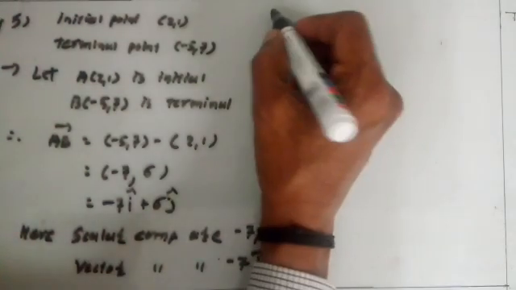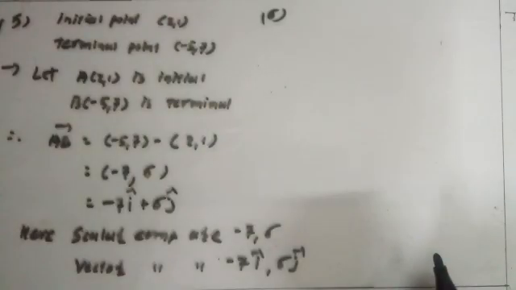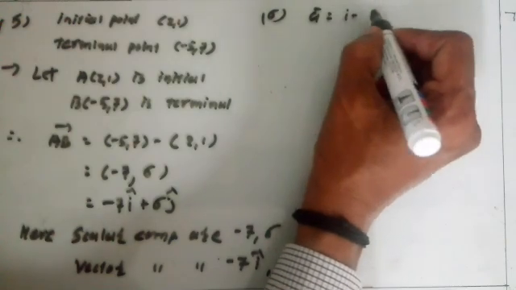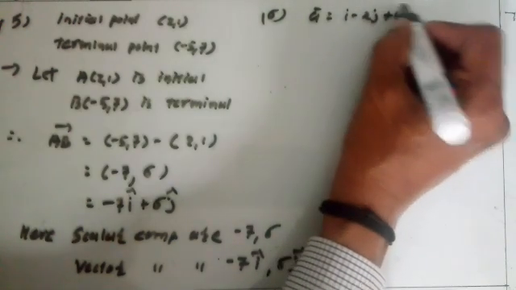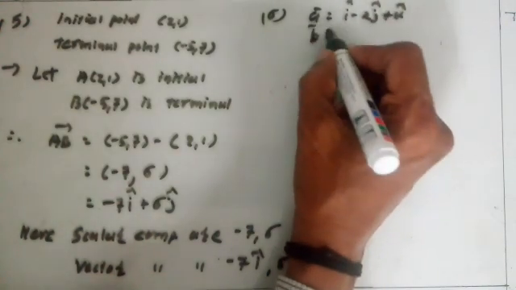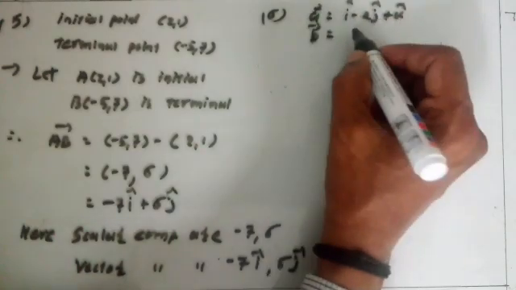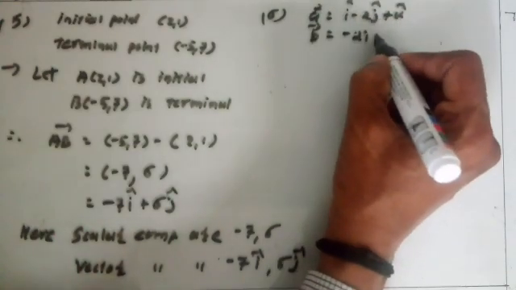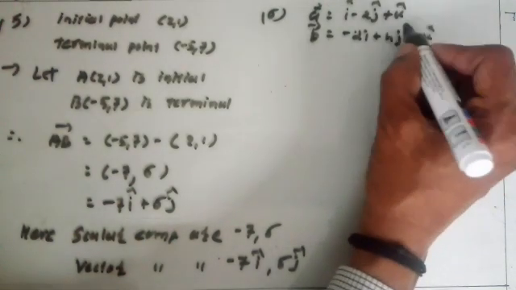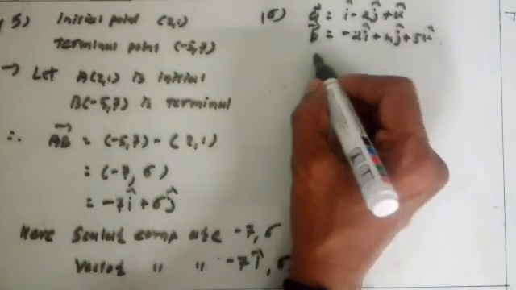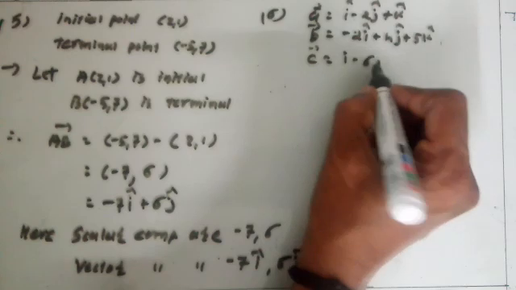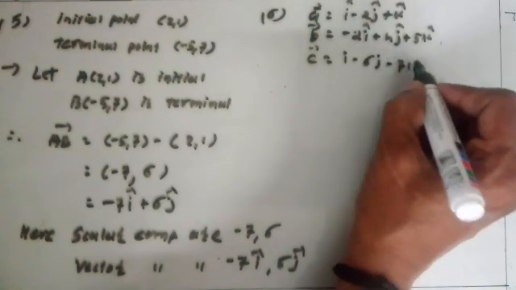Now question number 6. Find the sum of the vectors A equal to i minus 2j plus k, B equal to -2i plus 4j plus 5k, and C equal to i minus 6j minus 7k.